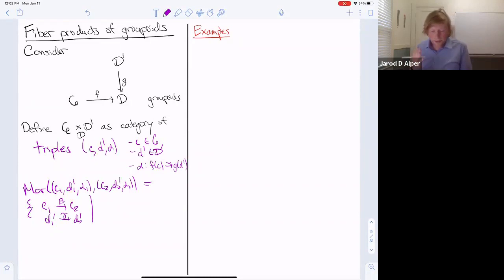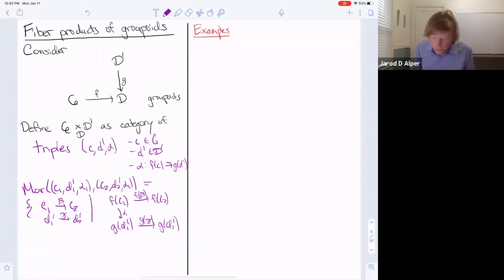Beta is an isomorphism in C, gamma is an isomorphism in D prime, so we can take their images. F of C1 maps via F of beta to F of C2, and G of D1 prime maps via G of gamma to G of D2 prime. Remember, alpha 1 and alpha 2 are these maps, and what we require is that this commutes.